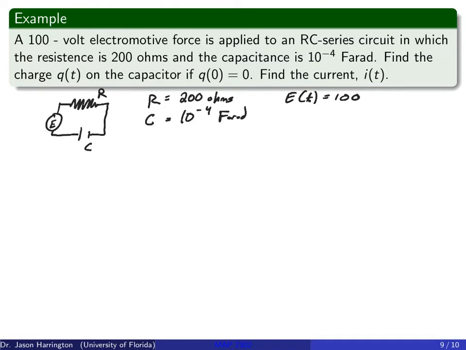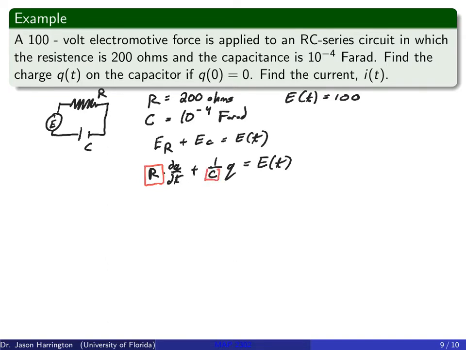If I write this out, this says E sub r plus E sub c is equal to E of t. When I make my substitution, this is going to be r times dq over dt plus 1 over c times q is equal to E of t. Now I just have to make my substitutions for the constants here.